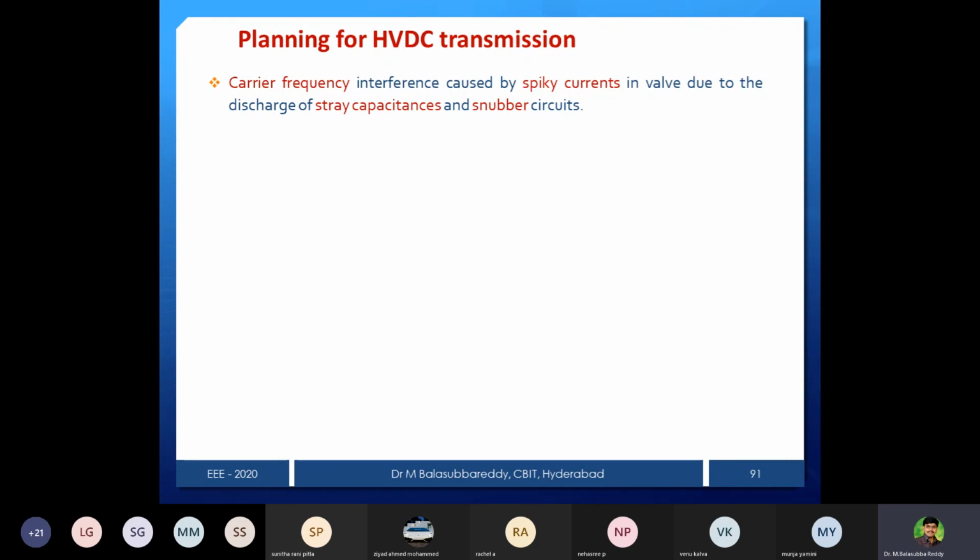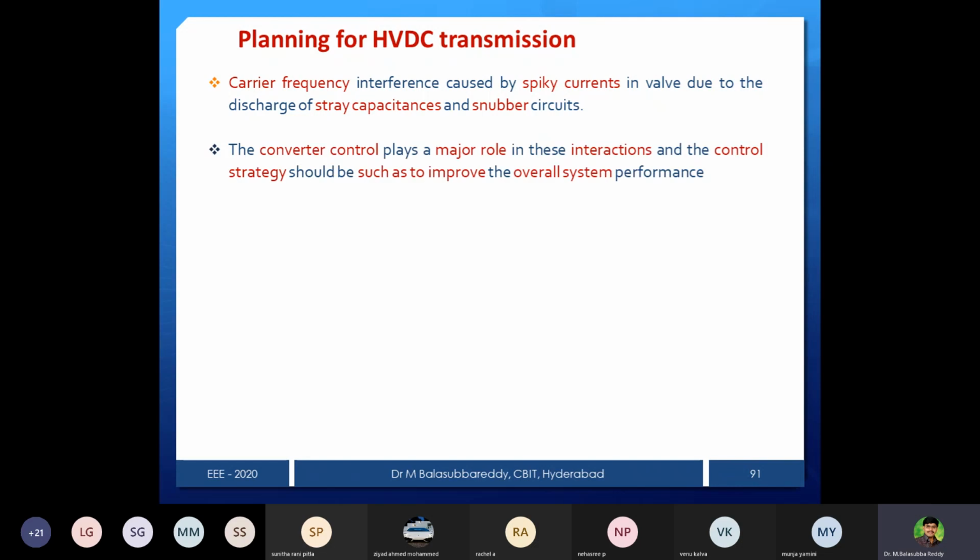That is due to the discharge of the stray capacitance and snubber circuit, because on the DC transmission side each valve will use a snubber circuit. Snubber is a minimum protection in that aspect, but there is also stray capacitance, which will be in parallel with the device.